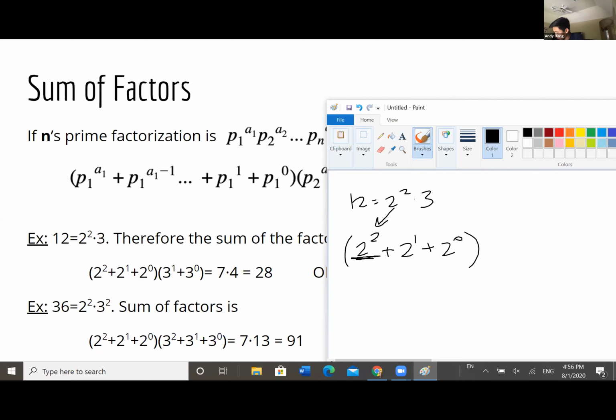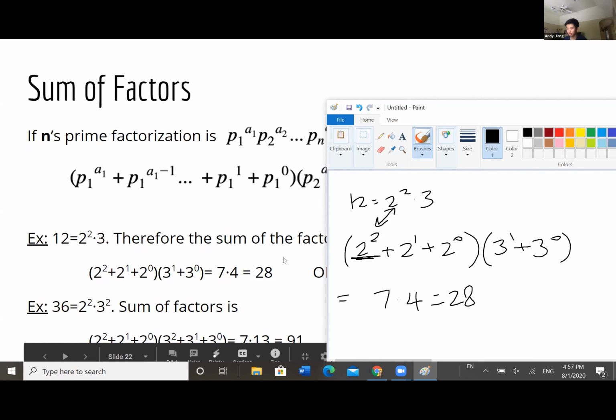So I get this number from that. And then for 3, I do the same thing. And what I end up getting is 4 plus 2 plus 1, or 7, times 3 plus 1, or 4. And that's 28. And the example for 36 is here.